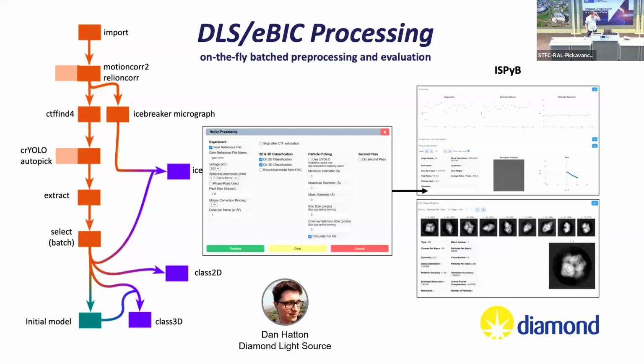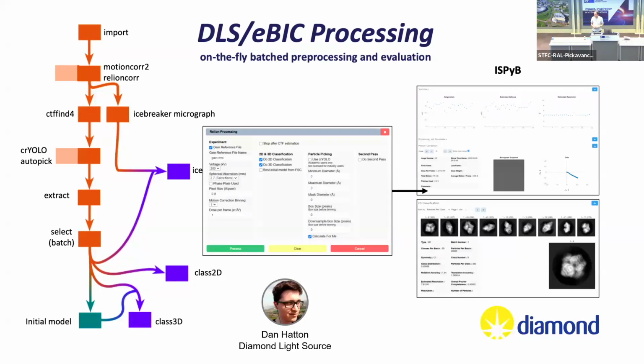EBIC have a workflow that runs whenever micrographs are collected, and that's written on top of the Pipeliner architecture. That's available for users to run as well, but it's also used with one or two customizations by EBIC. That was done with Dan Hatton at Diamond.